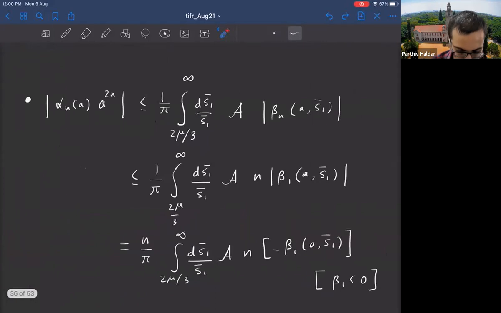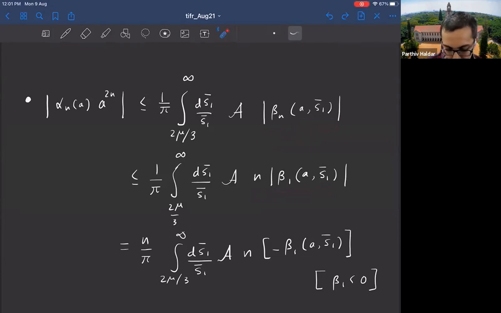Now you can consider the same equation for alpha n, and you start with this expression. Here I have just applied the usual triangle inequality, assuming that everything is convergent, that's why I can push the modulus inside. Now beta n is bounded by beta 1 to the n times beta 1, via the univalence of the kernel.